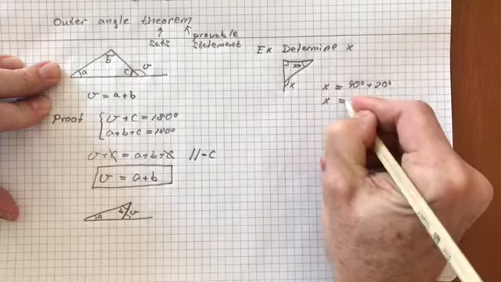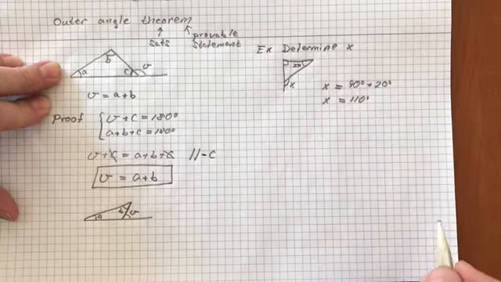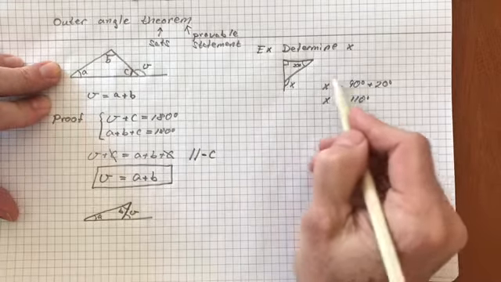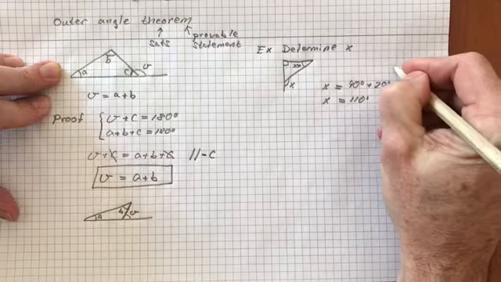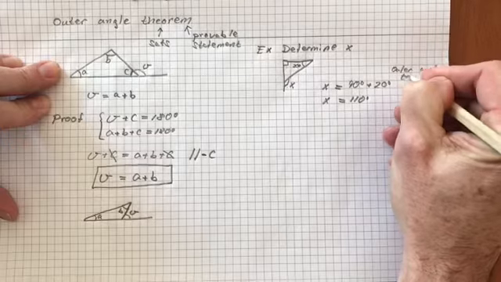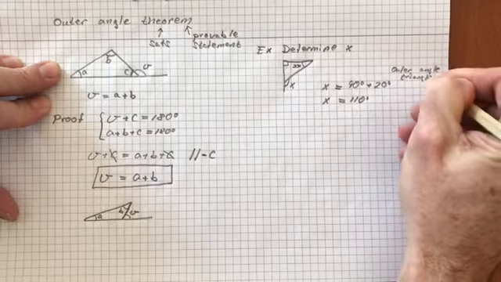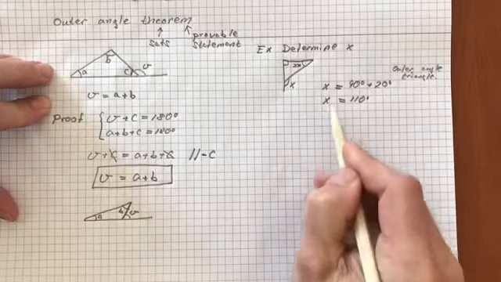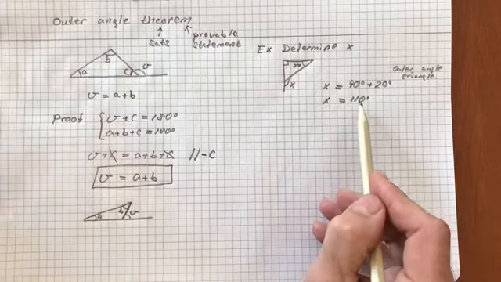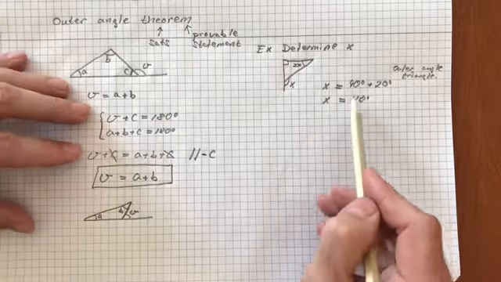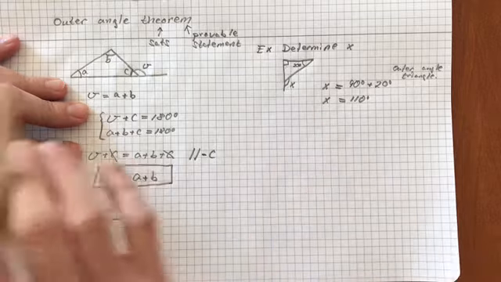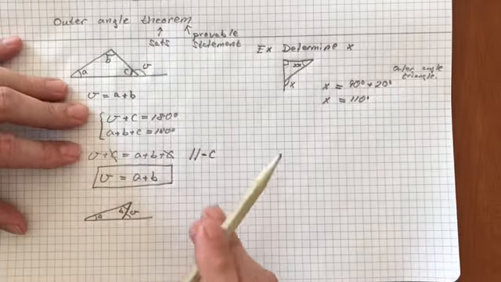So x is equal to 110 degrees. And when I write this, I will have a reference to it. So I write here, outer angle triangle. That's the theorem I use when I find x. And you can see it's a possible answer because the angle x is greater than 90. Could be 110 if I've drawn the triangle quite well.